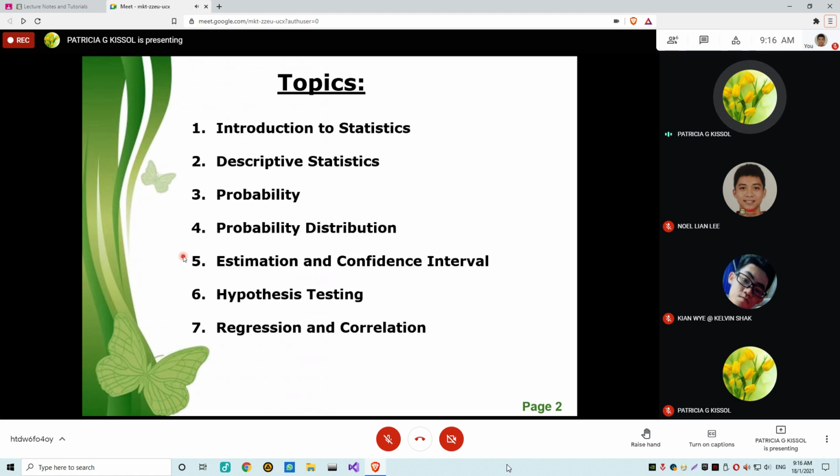So perhaps the 3 chapters, estimation and confidence interval, hypothesis testing, and regression and correlation, the last 3 topics are new to everyone. I would like to add also that the 3 last topics are very important to understand if you have the intention to do further studies that will aid in your research paper.